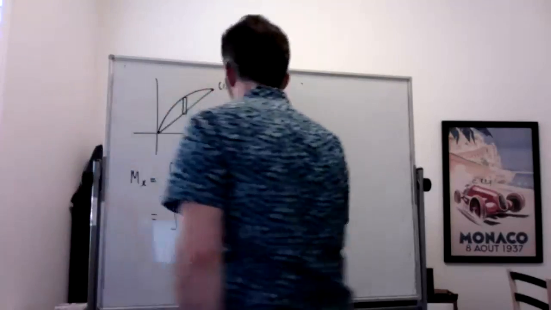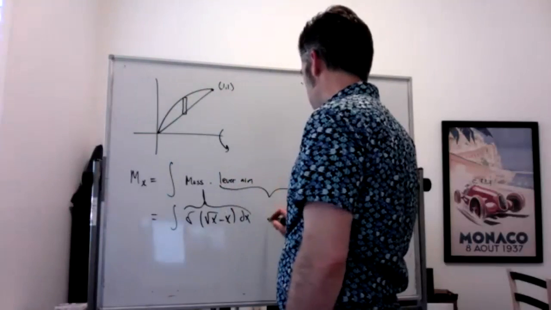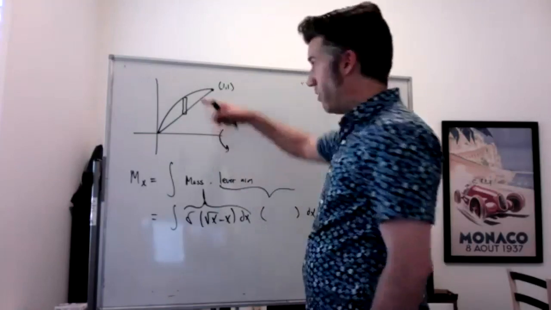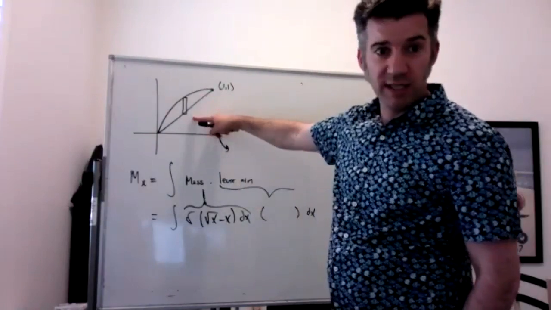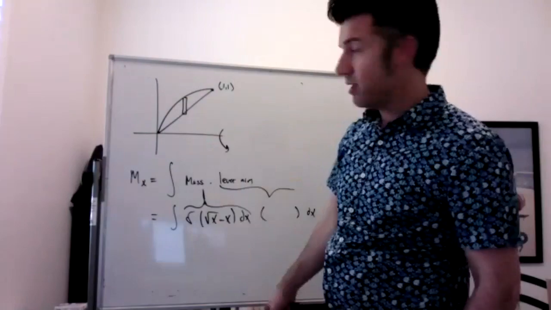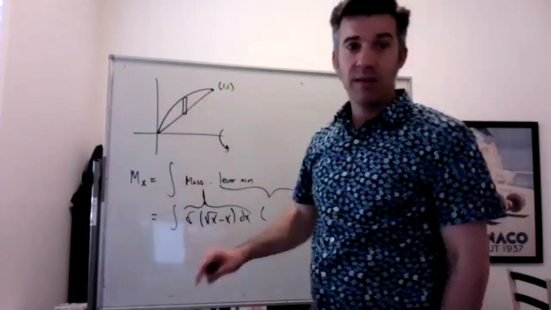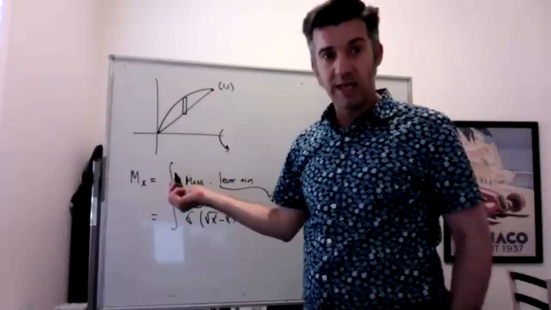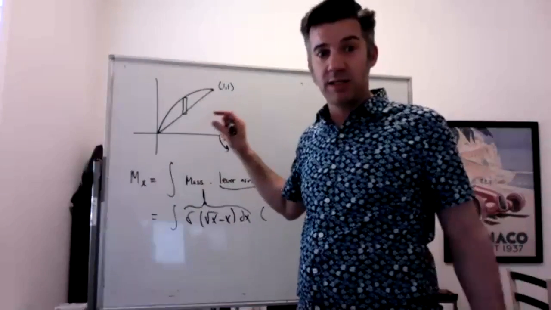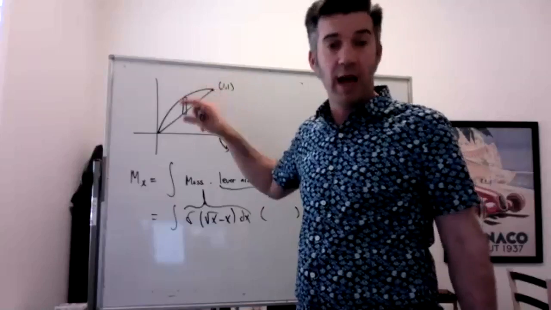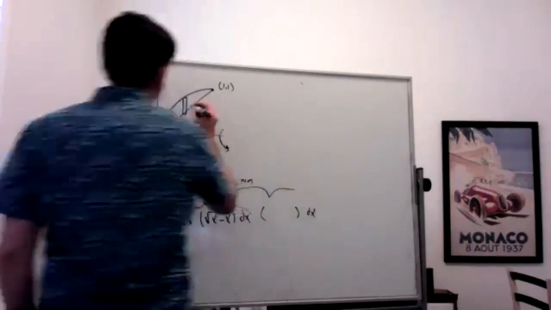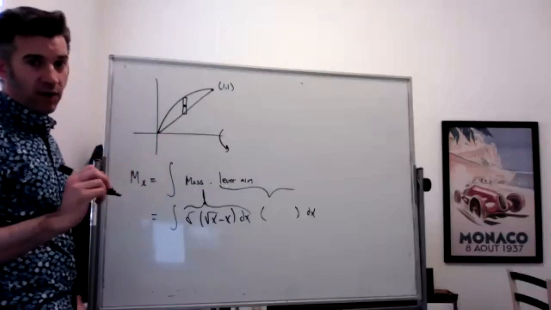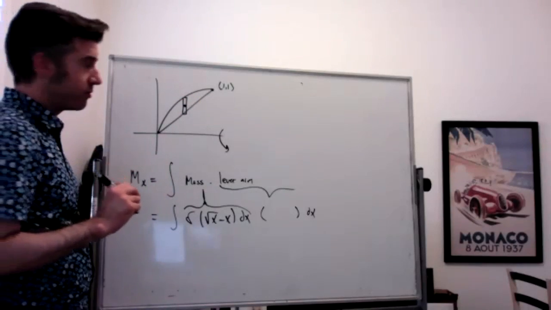Okay. The lever arm, on the other hand, well, that's where things get more complicated. Because this strip is not one specific distance from the x-axis, right? It's a lot of distances. Here's what we can do. Because of the symmetry of a rectangle, we can say, I'm just going to pretend like the entire mass is situated at the center of that rectangle. So I'm going to say all the mass is right there, halfway between the top function and the bottom function.